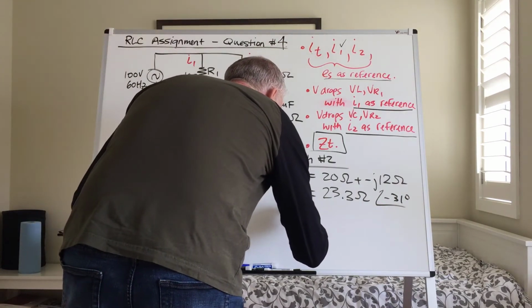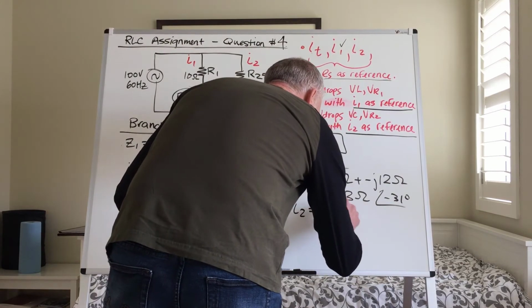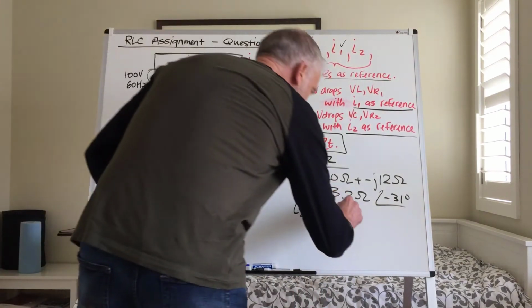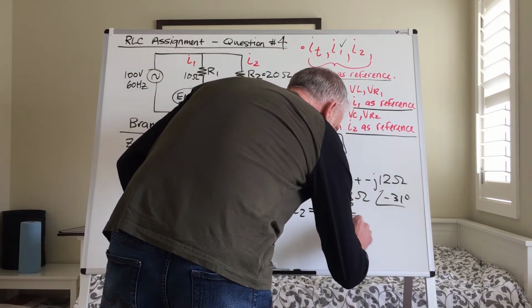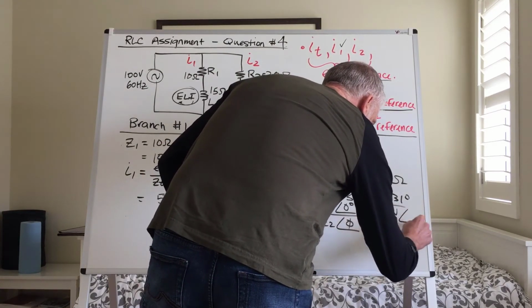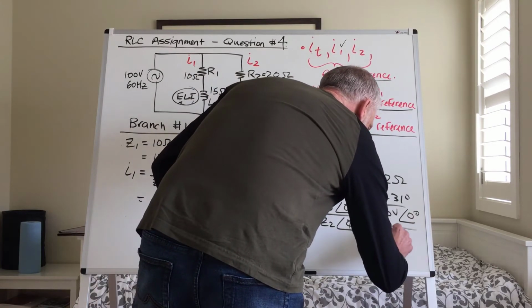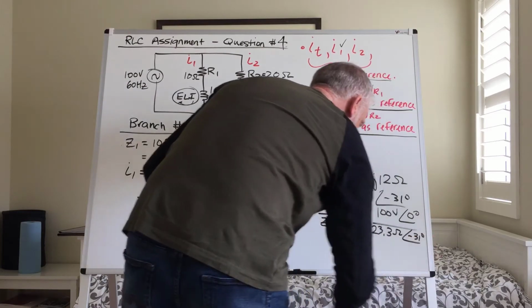What we can do now to determine I2 is say E source, the same source voltage across that parallel branch, at 0 degrees divided by Z2 at angle phi. That's going to be 100 volts at 0 degrees divided by 23.3 ohms at minus 31 degrees.